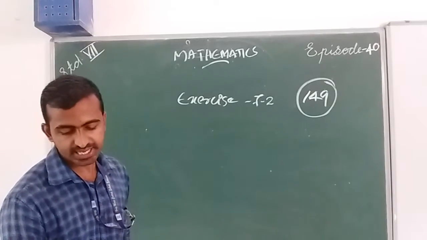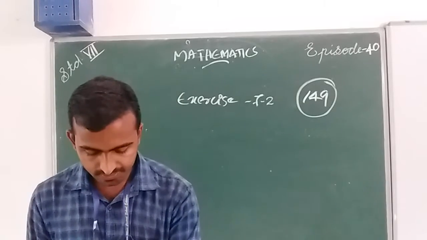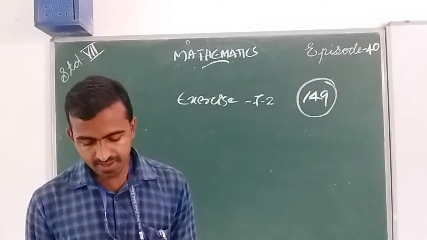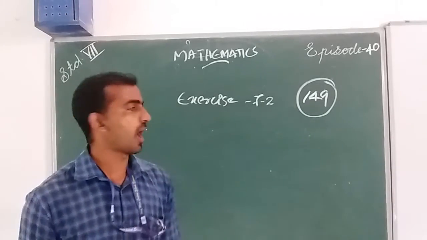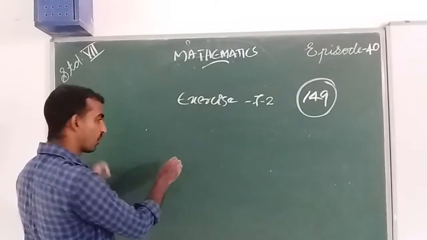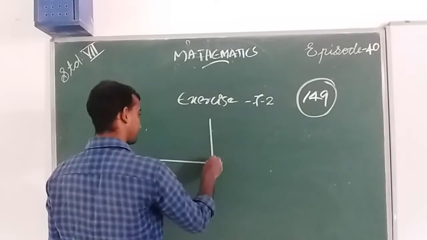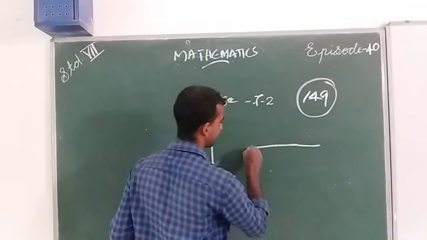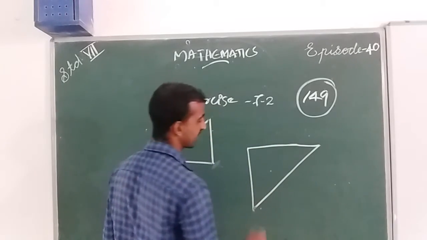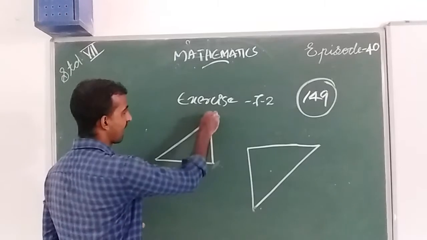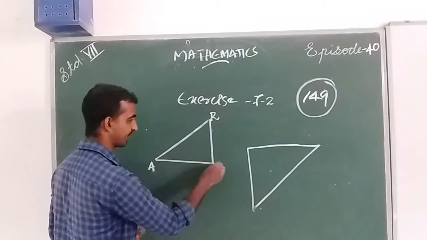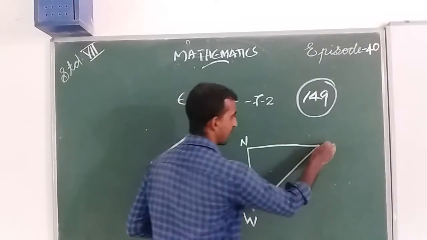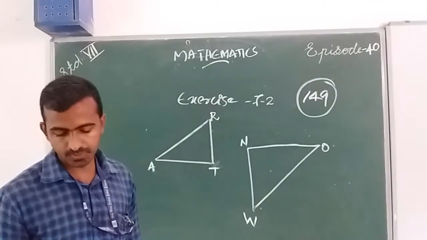That is the fifth question. In the figure, the two triangles are congruent. The corresponding parts are marked. We can write triangle RAT and NWO.